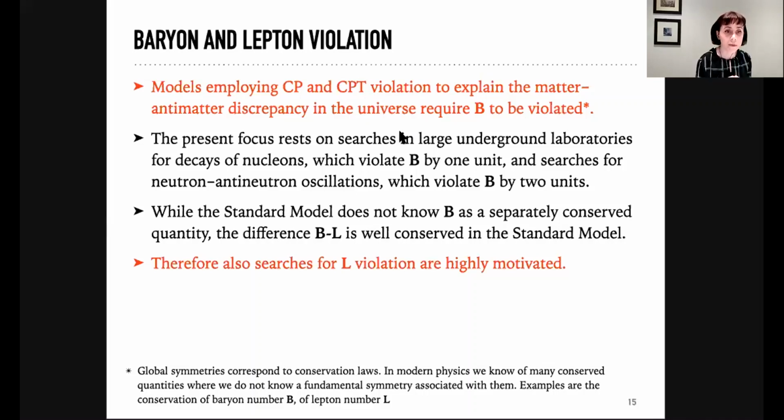But in the standard model, it's not really B that is conserved. It's the difference B minus L. So this is well conserved in the standard model. So we can look for B violation, but at the same time, we can also look for L violation.